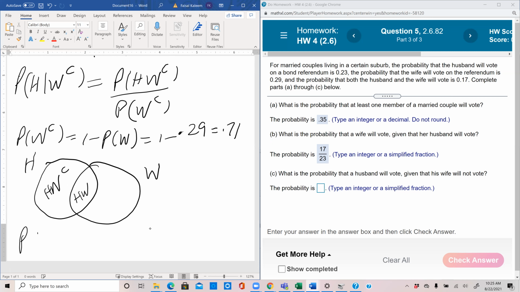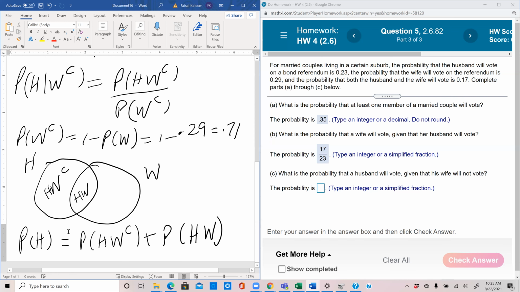So probability of H equals probability of H and wife complement plus probability of H and wife. A husband can vote in two scenarios. One scenario is the wife doesn't vote, which is this one, and one scenario is that the wife also votes, which is this one.